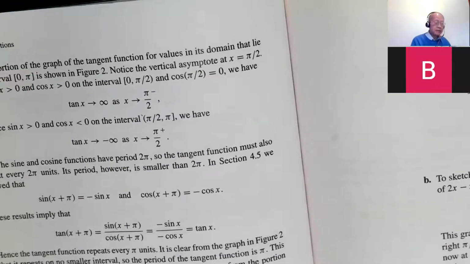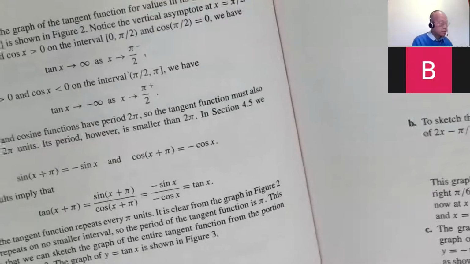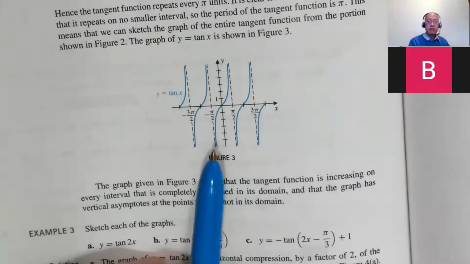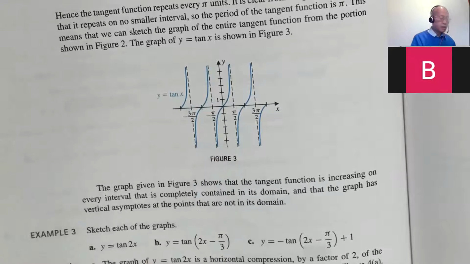Okay. We'll eventually get to graphs of the trig functions if you want to see them rapidly. So page 234, here's a basic graph of tangent, and I'll develop that eventually.